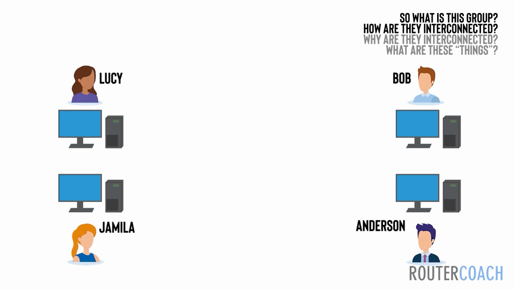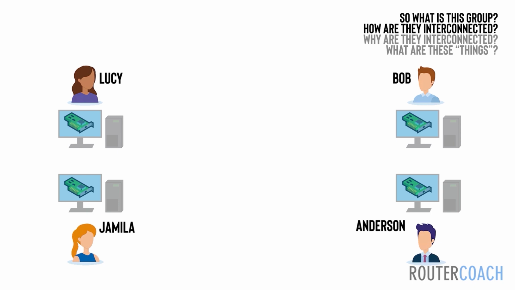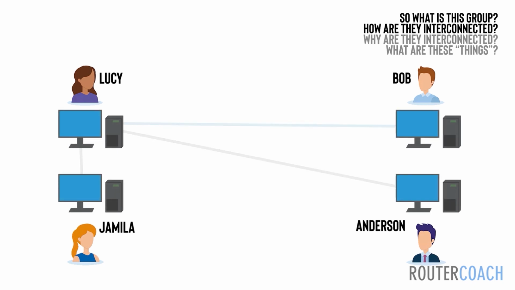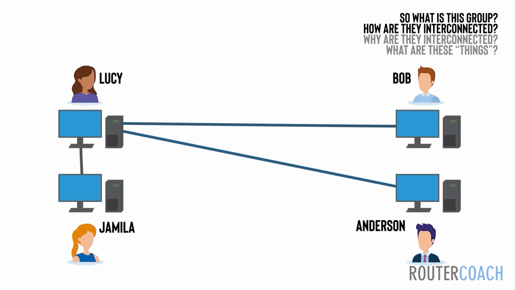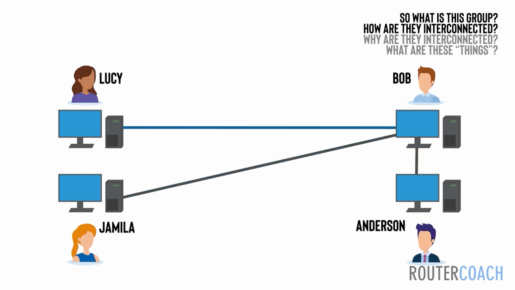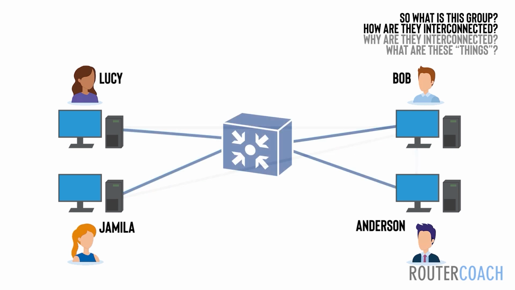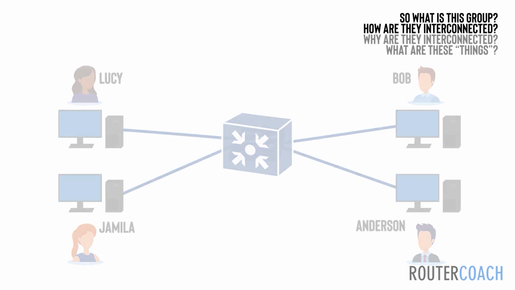Each of these endpoints usually only has a single network interface card, NIC. And if Bob and Lucy wanted to communicate with Anderson and Jamila, then they would have to either add additional network cards to their device or disconnect the cable and reconnect again to the new endpoint they want to communicate with. Fortunately for us, there is another way, and that is to add a switch.